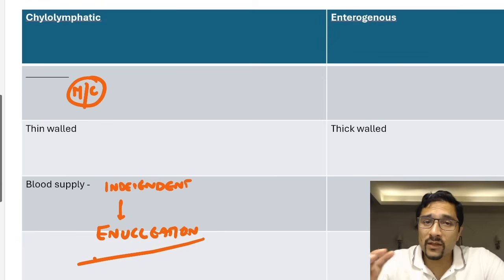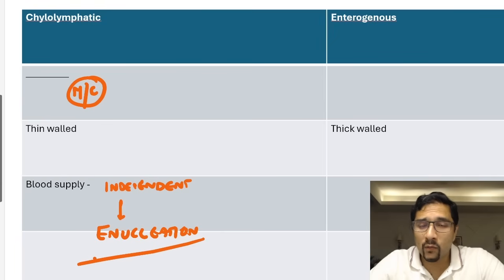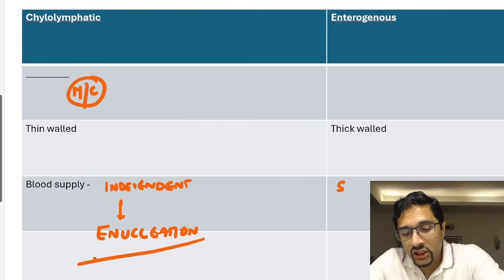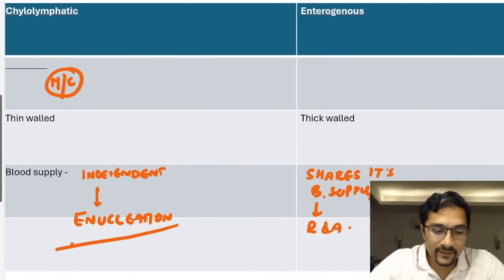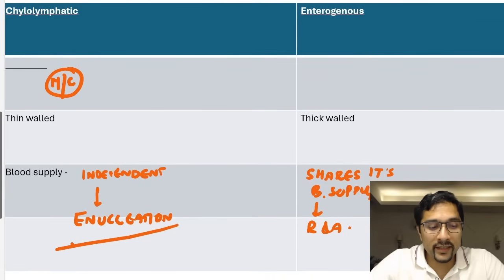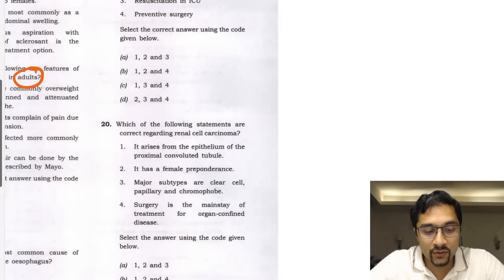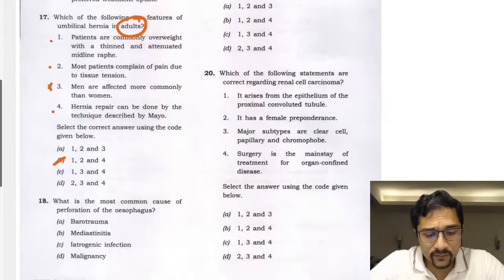Enterogenous is sequestered bowel tissue. It is thick walled, and because it shares its blood supply with the bowel, we have to carry out resection and anastomosis. Okay. So these were the points regarding mesenteric cysts which you should know for the exam.